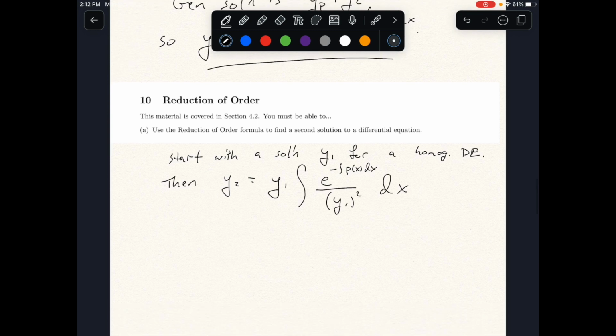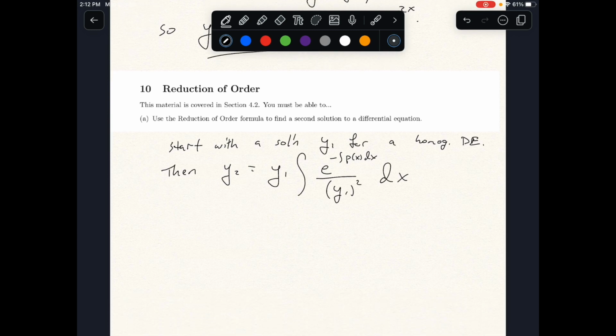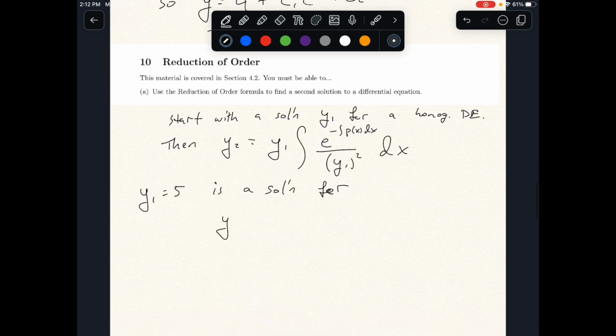So if you know that y1 equals x is a solution for something like, let me say something that's correct. All right, so let's say that y1 equals 5 is a solution for y double prime plus 2 over x y prime equals 0.